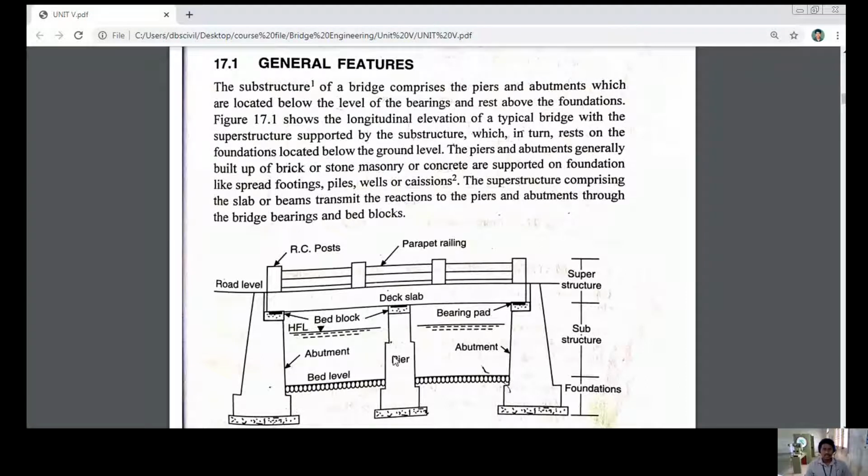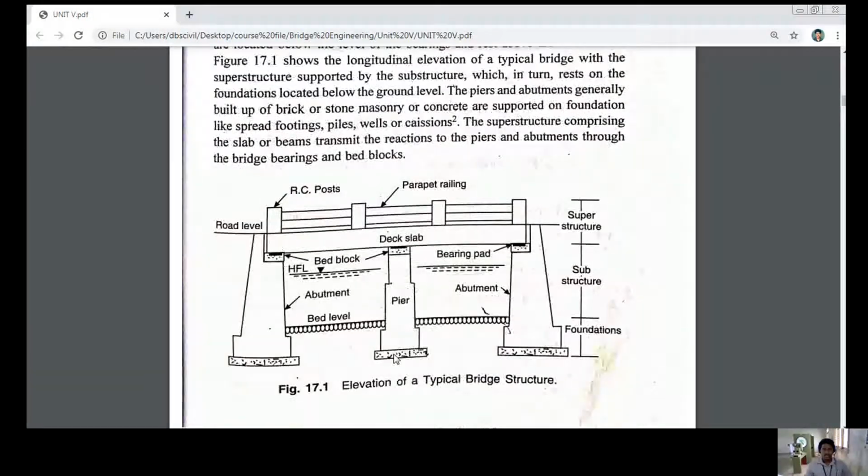Let us see in detail what is shown in Figure 17.1. It is the elevation of a typical bridge structure.